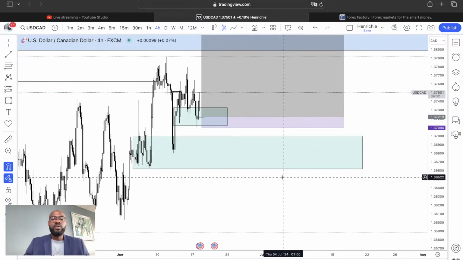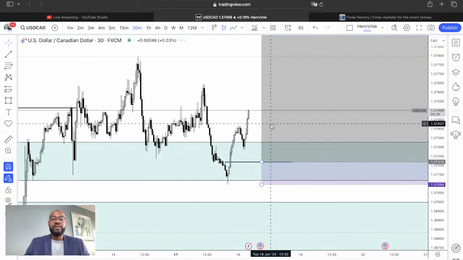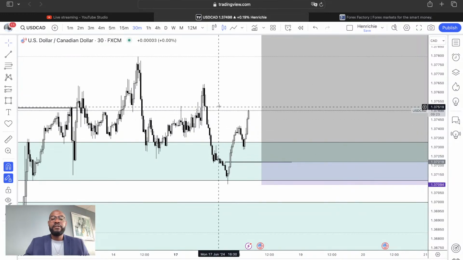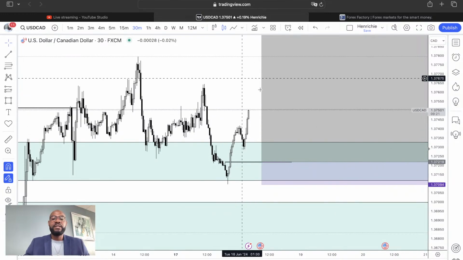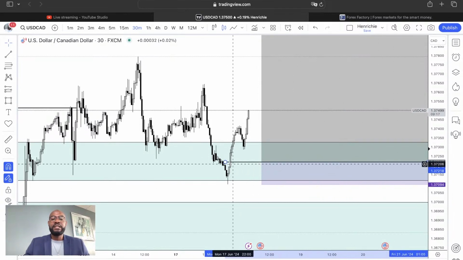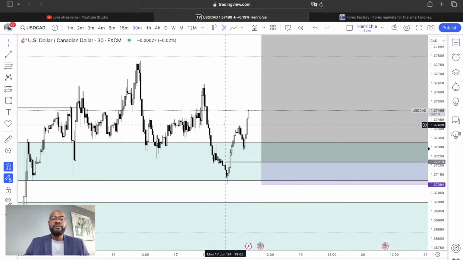So that is what I'm watching for USD CAD, and I'm gonna put on a lot right here for USD CAD. If eventually we do see price come down to run this liquidity, then I'll be looking for a potential entry from this key level. But if not, then that means we've already missed the trade. So that is what I'm watching for USD CAD.